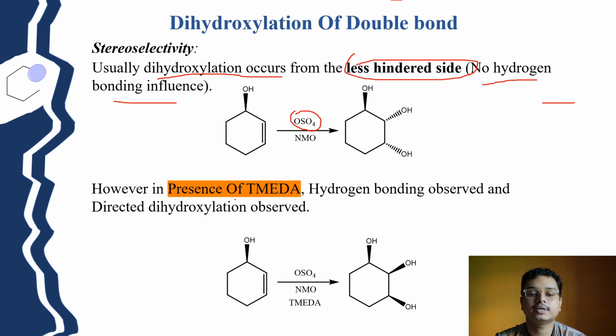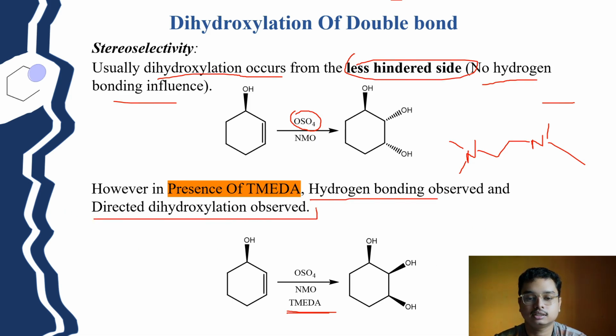However, if TMEDA is present, called tetramethylethylenediamine, the structure of TMEDA is this, and if TMEDA is present in the reaction medium, then directed hydrogen bonding becomes prominent, and then directed dihydroxylation is observed. Same example here, the same reaction condition, but TMEDA is used here. Then you can say the stereochemistry is the same as the directing group stereochemistry because of the hydrogen bonding. But usually in the case of normal osmium tetroxide, it will not show any kind of hydrogen bonding.